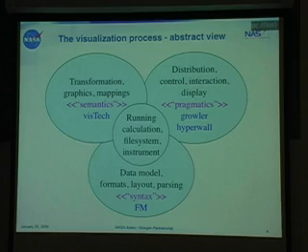Just to provide a little context, here's a very high-level view of the kinds of things that scientific visualization involves. In the center, I have a data source. This can be a running calculation, some files living in the file system, or maybe an instrument. And there's pretty much three things that we need to do. One, at the bottom, we pretty much have to get a handle on what the data are, how to interpret the bytes at the lowest level. Once we have the data in hand, we can apply various transformation techniques.